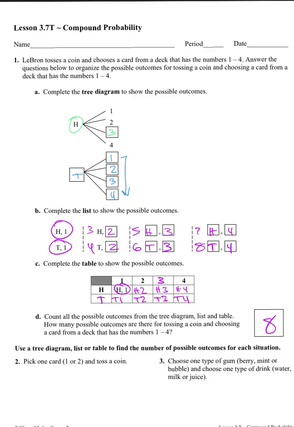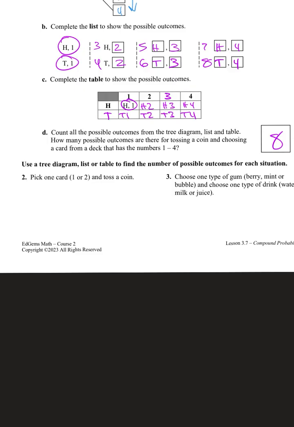Okay, let's take a look at number 2. On number 2 and 3, the instructions are: use a tree diagram, list, or table to find the number of possible outcomes for each situation. So number 2, pick a card, 1 or 2, and toss a coin. Heads, tails. In this case, I'm going to make a table.